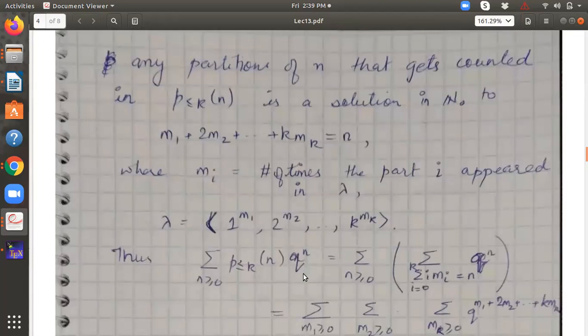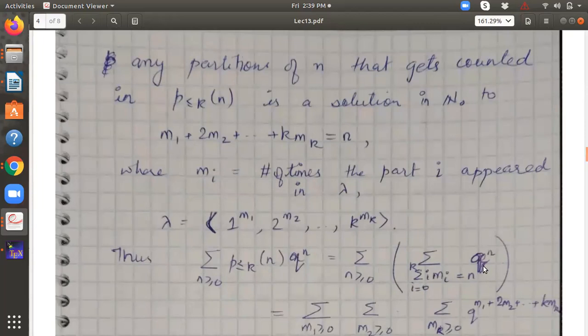So if you look at the generating function, p less than equal to k of n, q n, this is summation n greater than equal to 0, summation q n, and this summation runs over this n, right? So this, which is the lambda, correct? So this is m1 plus 2m2 plus 3m3 and so on till kmk equals n.